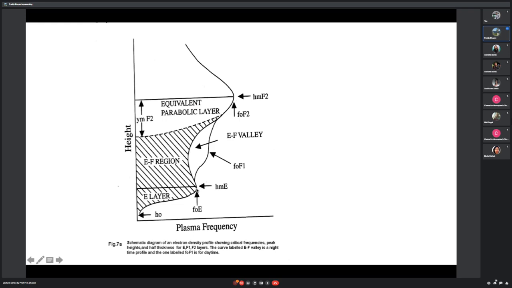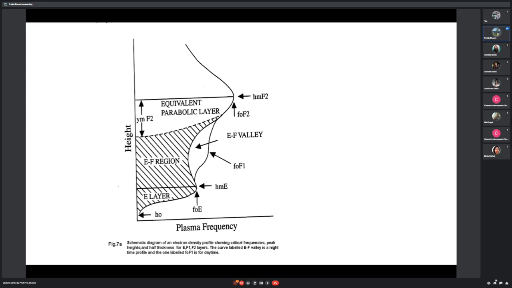This is E. And if the radio frequency is equal to the critical frequency, meaning the frequency which is sufficient to reflect it back towards the transmitter, that means towards Earth, this is total internal reflection.